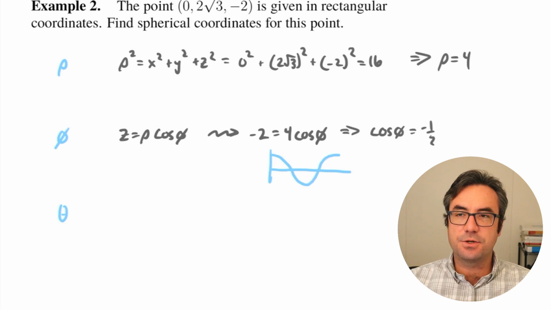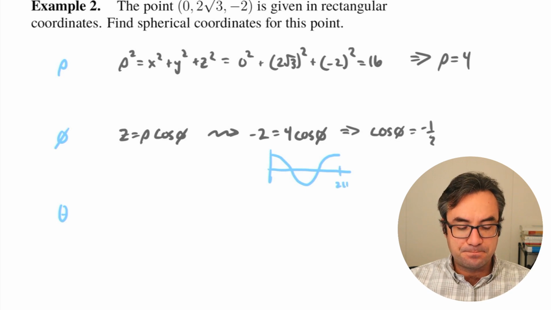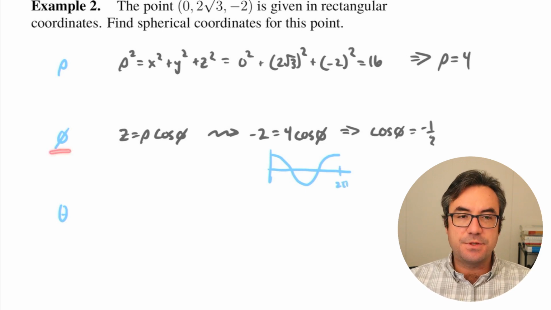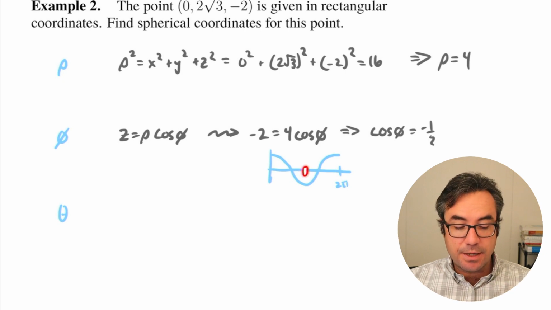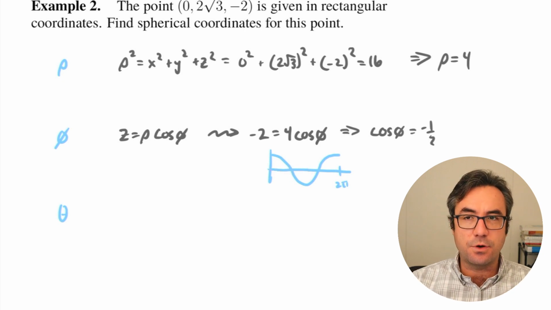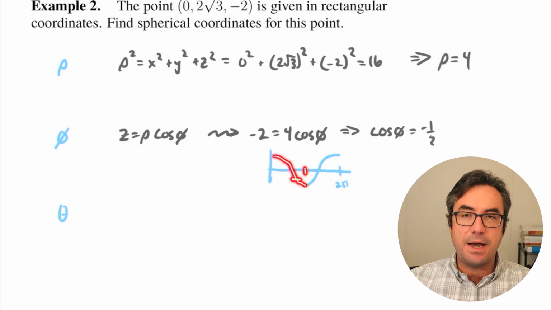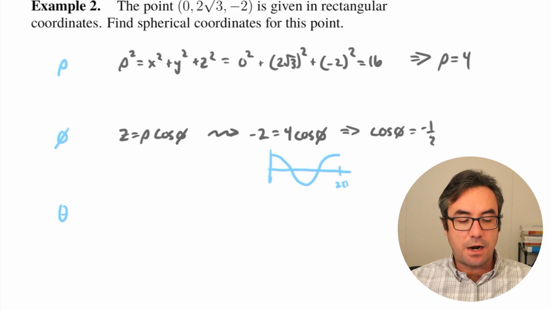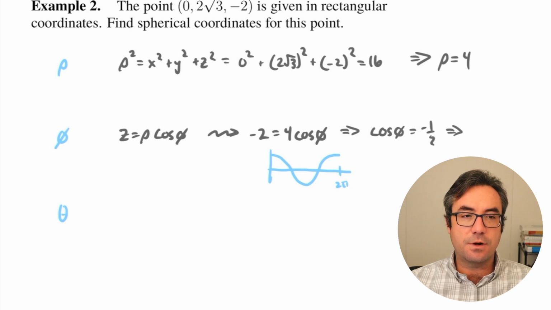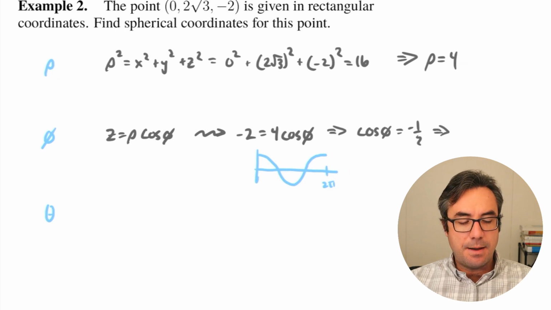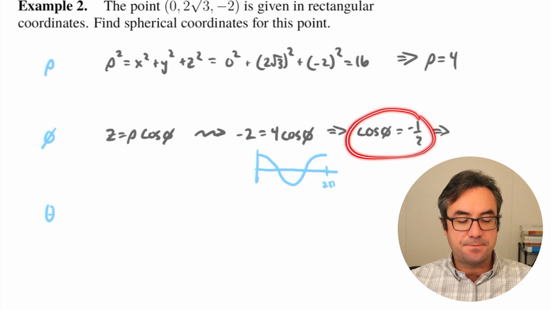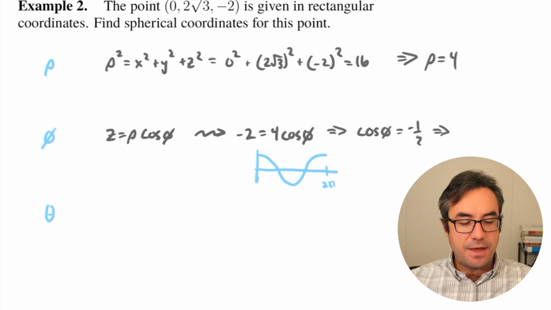Cosine does one full revolution between 0 and 2 pi. And we only want phi values that are between 0 and pi. So we're only looking up to the halfway point of cosine. And there's only one spot where cosine is equal to -1/2. We can use our inverse cosine function if we don't remember, but it turns out that phi is equal to 2 pi over 3.